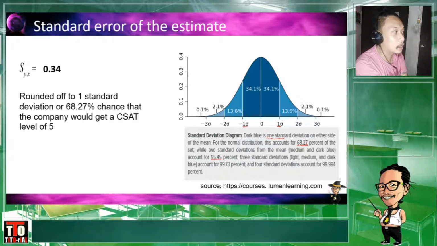So, medyo alanganin tayo sa CSAT kasi ang chance lang ay 68.27%. So, that is another way to explain the values that we get from standard error of estimate. Pwede natin i-base yan either 1, 2, or 3 standard deviation.